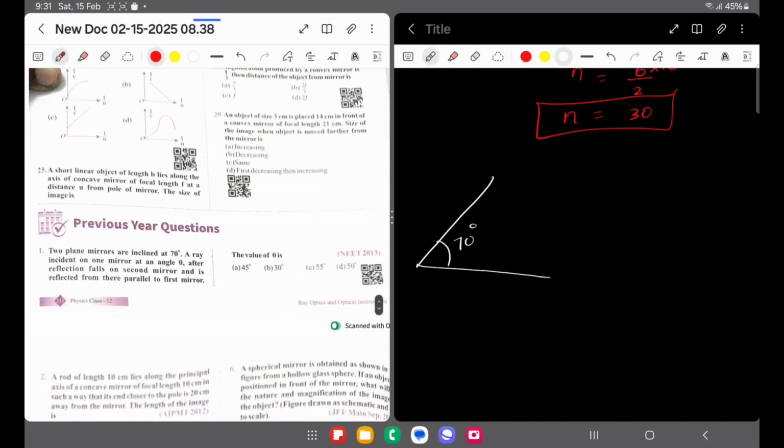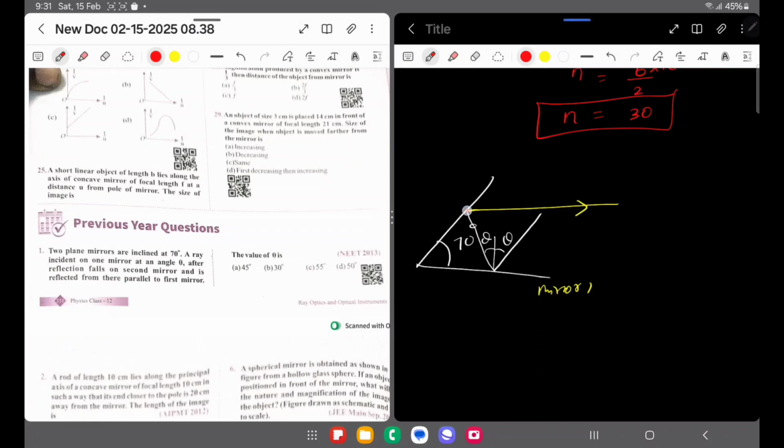A ray is incident on one mirror at an angle theta. After reflection, it falls on the second mirror, and is reflected from there parallel to the first mirror. So it is the finally emerging ray.